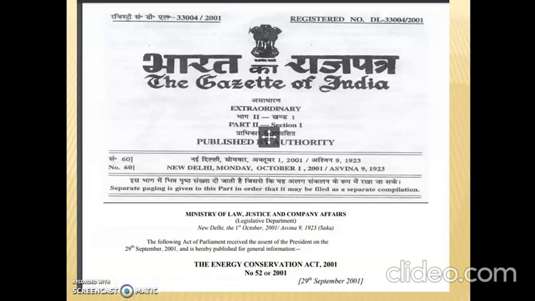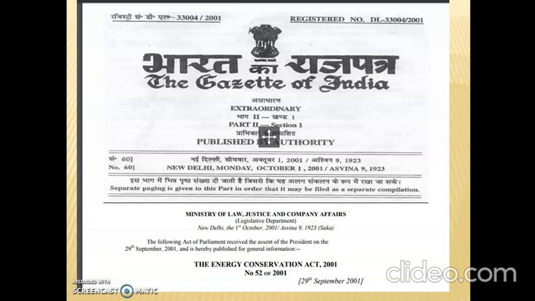Here is the snapshot of the Energy Conservation Act 2001, which is the act that legalizes the energy audit, or makes it mandatory to have an energy audit of the industries, particularly the designated consumers.